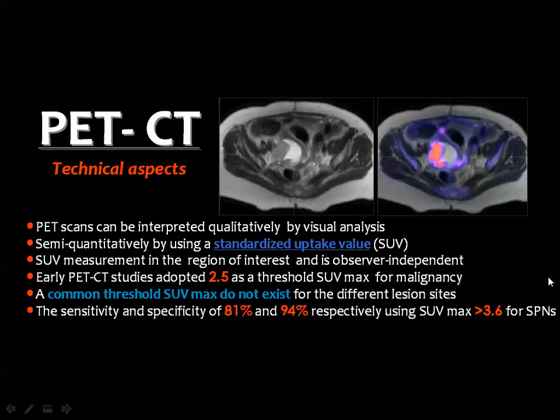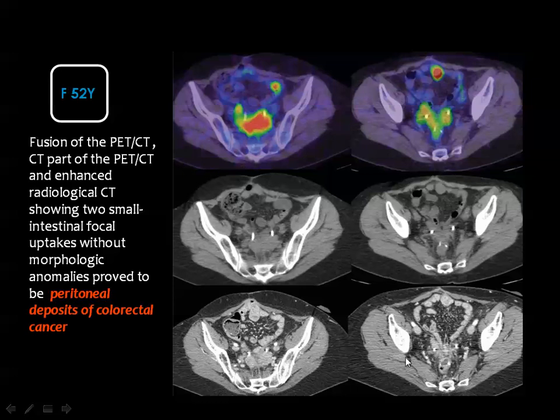And this degree of uptake can be subjectively measured or can be measured by the machine, and it's commonly agreed that a standard uptake value of around 2.5 will be suggestive of malignancy, and recent reports showed that the standard uptake value should be in the range of 3.2 or 3.6 for the confident diagnosis of malignancy.